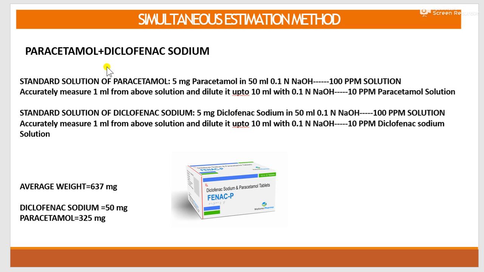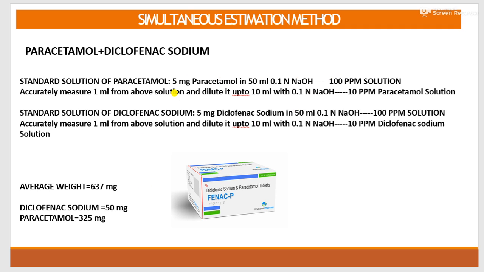To start with, preparation of standard solutions. You have to prepare a standard solution of paracetamol as well as diclofenac sodium. To prepare the standard solution of paracetamol, 5 milligram of paracetamol is weighed and transferred to a 50 ml volumetric flask, and a small volume of 0.1 normal NaOH is added to dissolve the paracetamol, and the volume is made up to the mark with 0.1 normal NaOH to get a 100 ppm solution of paracetamol.